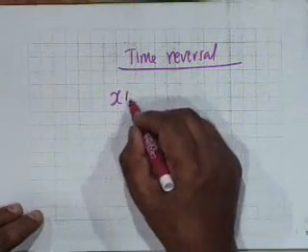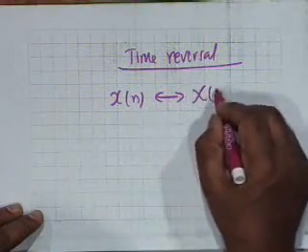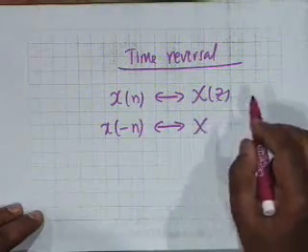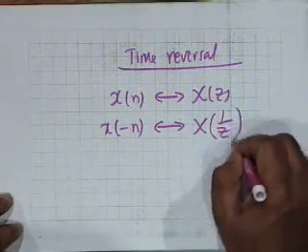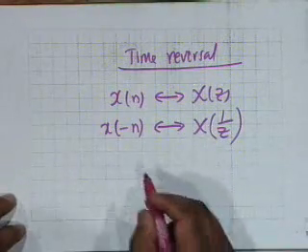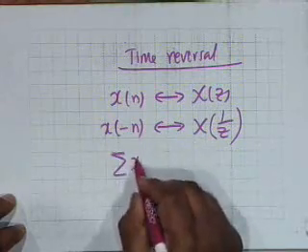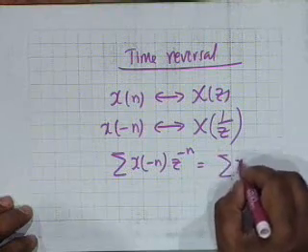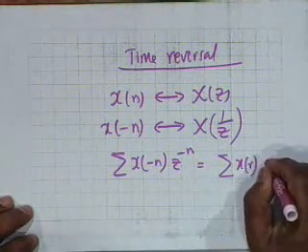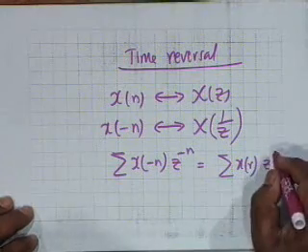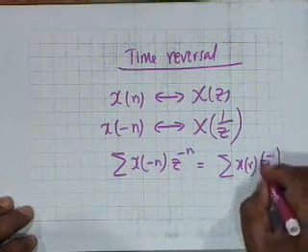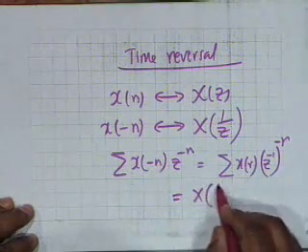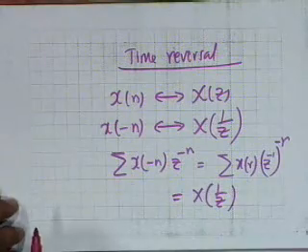That is, if x of n is the pair of capital X of z, then x of minus n is the pair of capital X of 1 over z, which can also be very easily proved, because this transform is the sum of x of minus n, z to the minus n, which I can write as x of r, z to the r, which can be written as z to the minus 1 whole to the power minus r, and therefore this is simply capital X of 1 by z. All right.